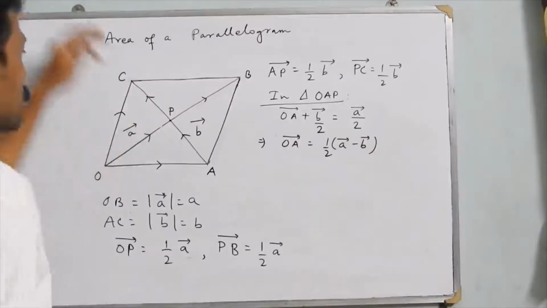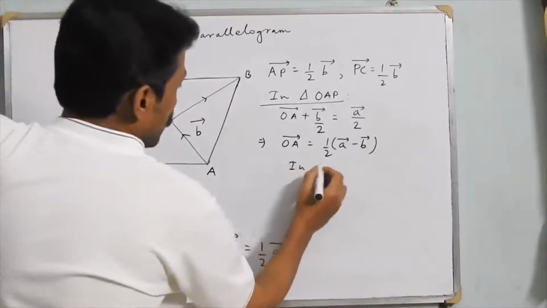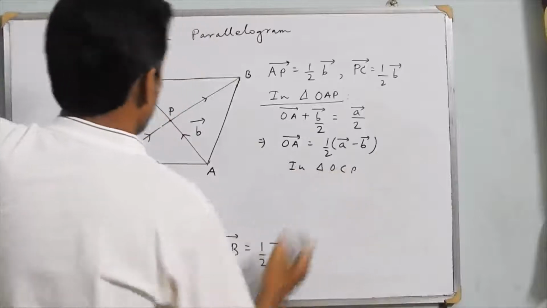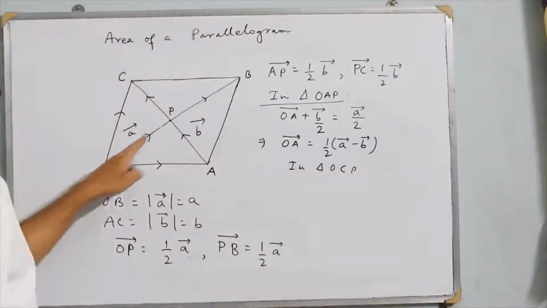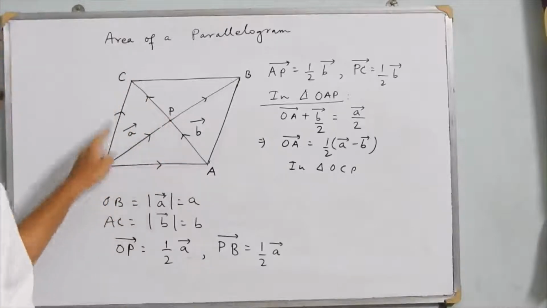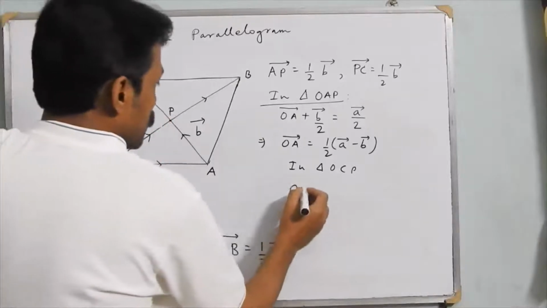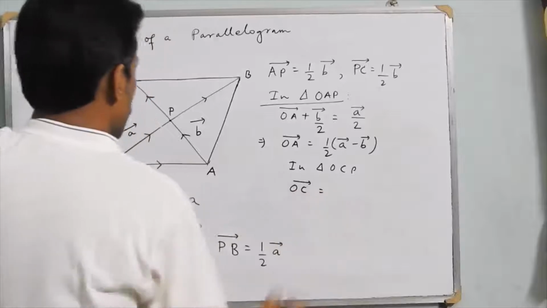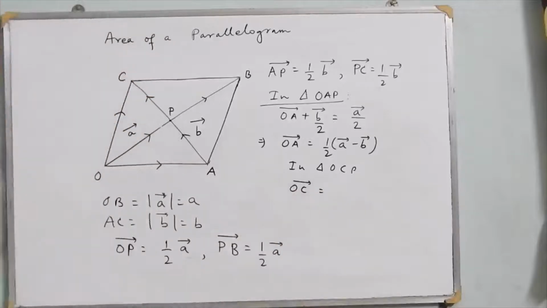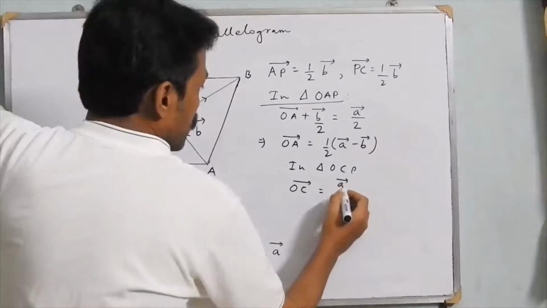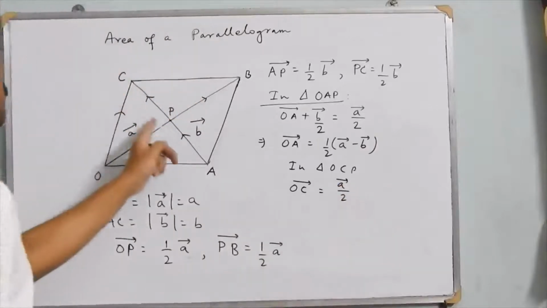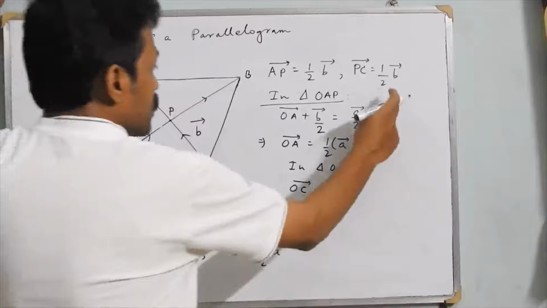Similarly, in triangle OCP, if you see, then OP vector plus PC vector is OC vector. So OC vector is OP vector, which is A vector by 2, plus PC vector, which is B vector by 2.